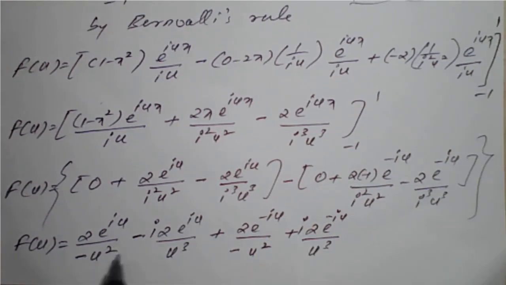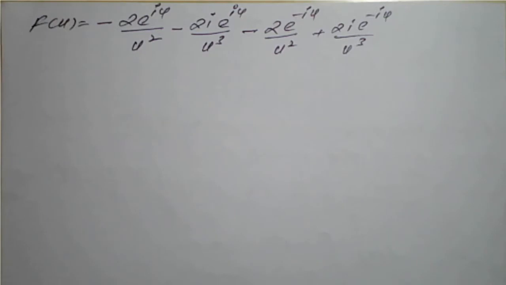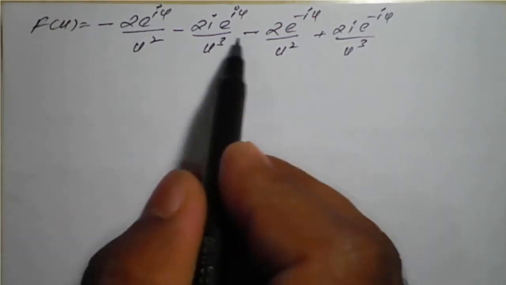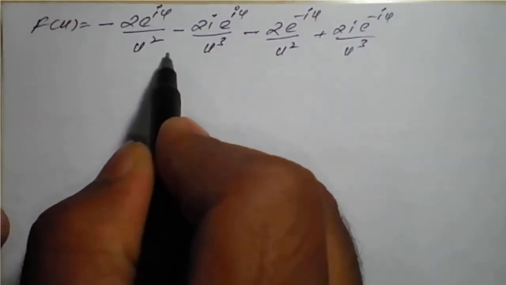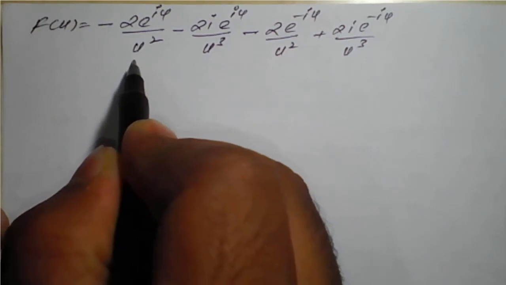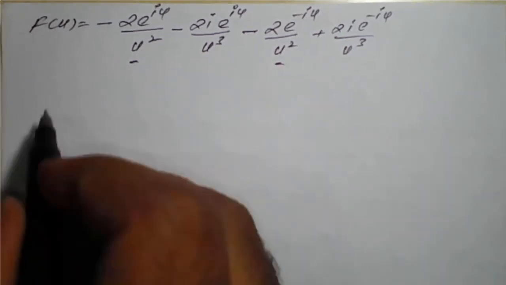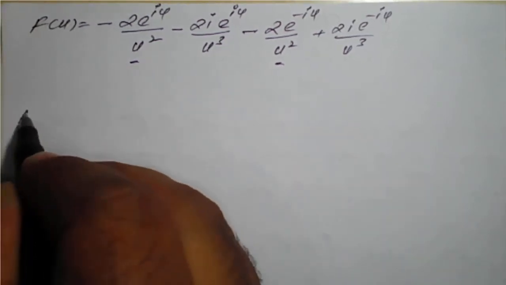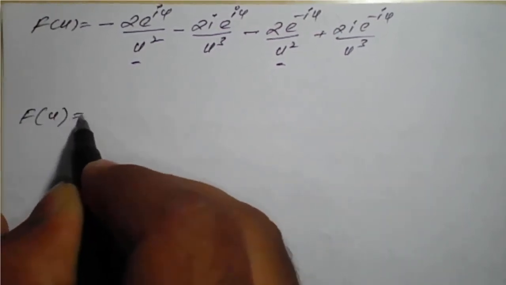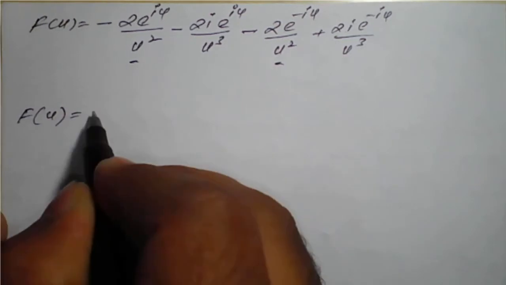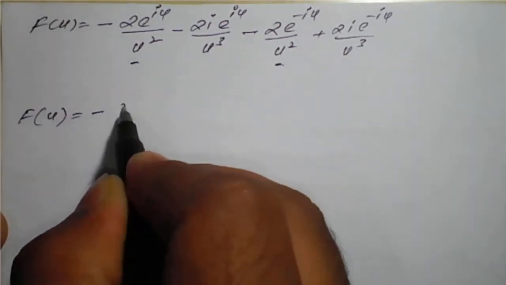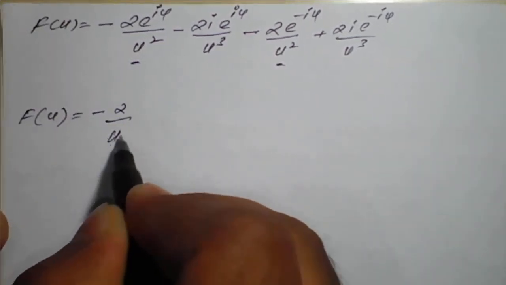Now we'll rearrange once again with these negative signs, and we'll rewrite f of u as. So after taking this arrangement, now you just pay attention. So we'll make pairs. So first value and third value, or first term and third term. So among these, minus common and 2 common, and upon u square is common.